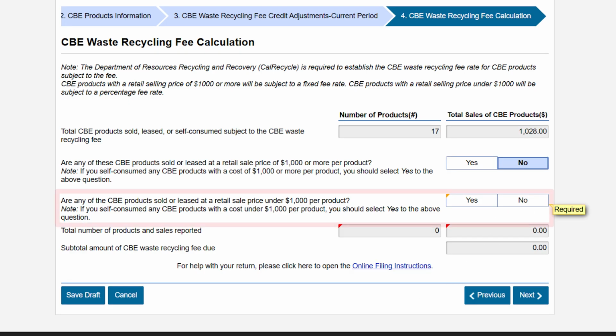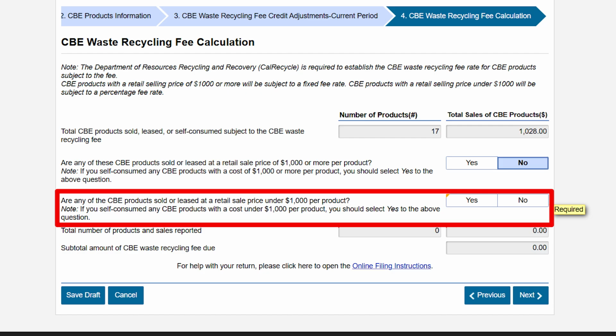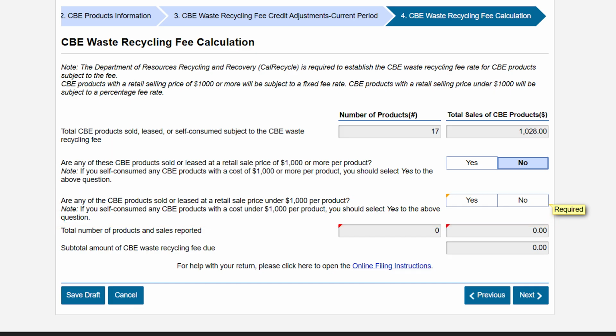Next, you will answer the question: are any of the CBE products sold or leased at a retail sale price under $1,000 per product, including any self-consumed products? In our example, all CBE products sold were less than $1,000 each and subject to the percentage fee rate, so we will select Yes.